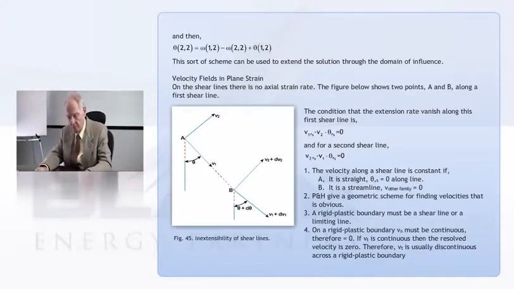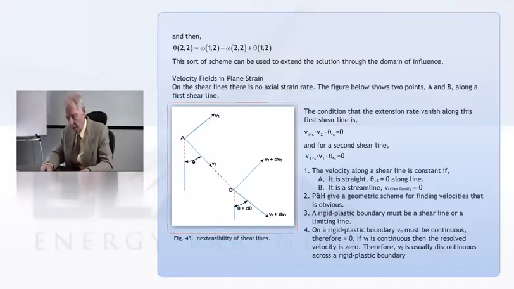So writing an inextensible equation along a shear line is pretty trivial business. There's a little sketch there showing a line that's a shear line, and below it are given the equations. V1 would be the velocity along the first shear line, and of course V2 is the velocity along the second shear line, and you get these simple little equations, and there's not much more you can say.